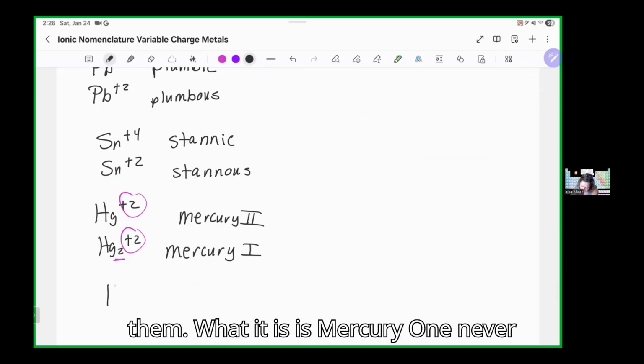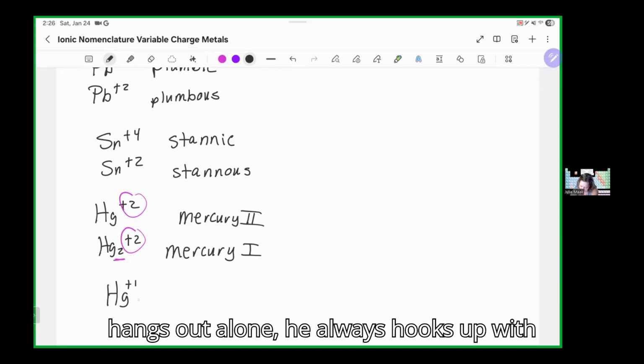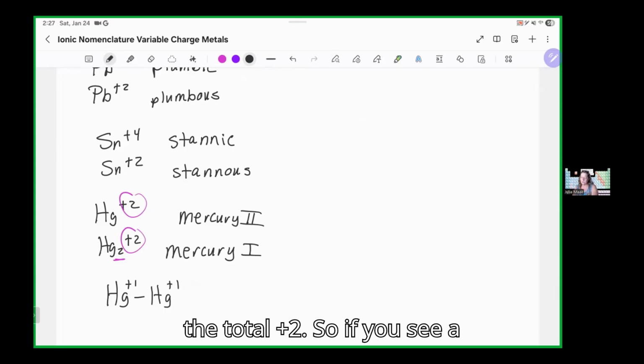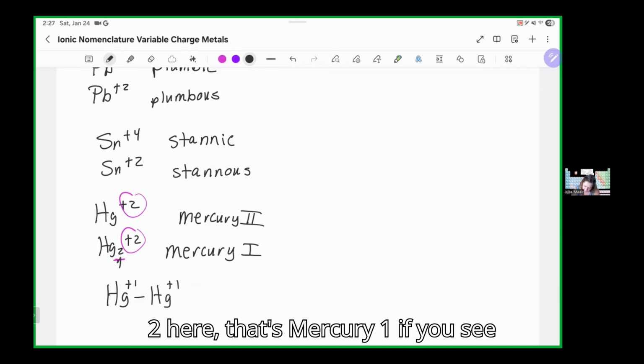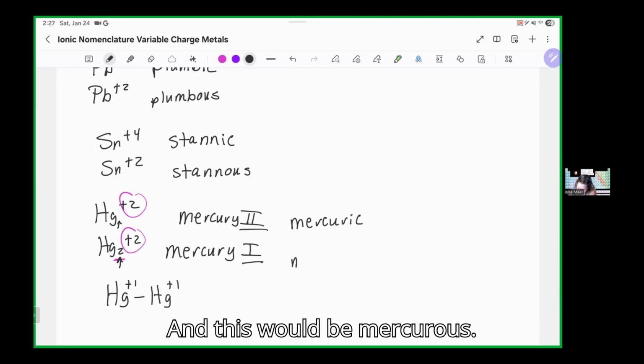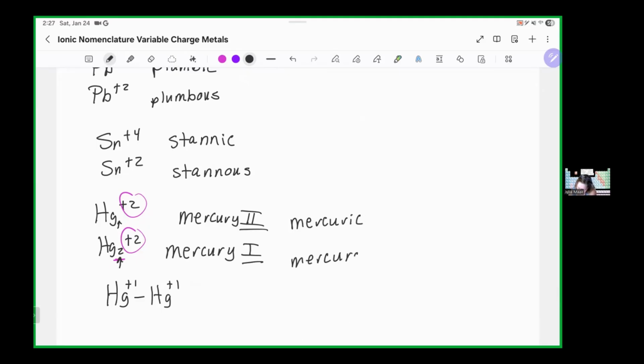What it is, mercury 1 never hangs out alone. He always hooks up with another mercury. So it's 2 mercuries with a total positive 2. So if you see a 2 here, that's mercury 1. If you see a 1 here, that's mercury 2. Okay, my higher charge, this would be mercuric, and this would be mercurous.